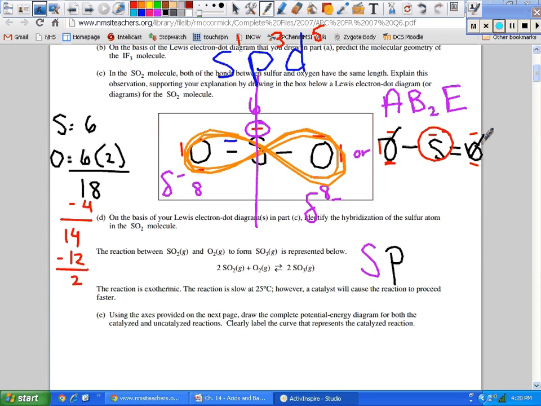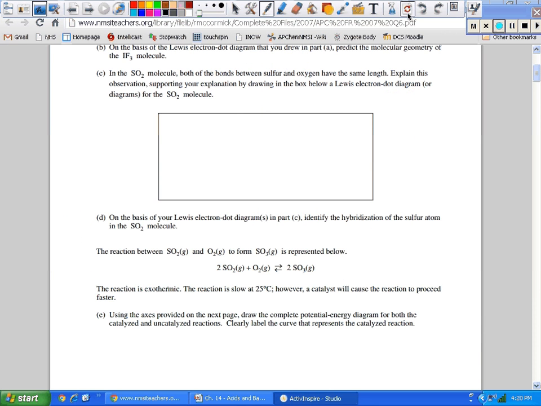All right, let's try this again. So it's S O O. Why am I putting double lines there? Because I'm making it 8. I'm making that octet.